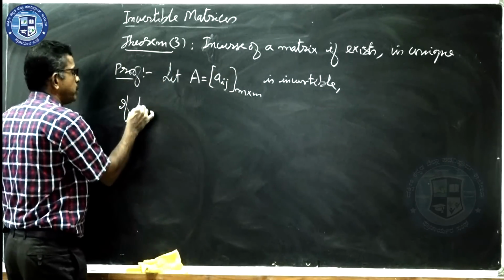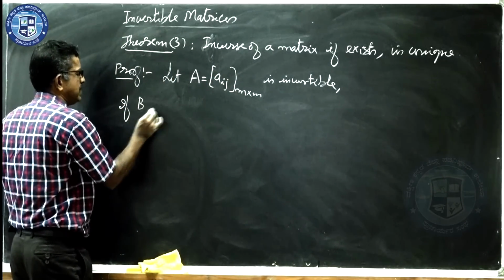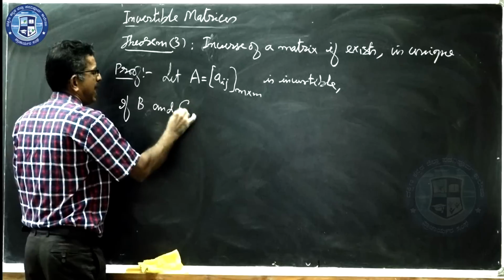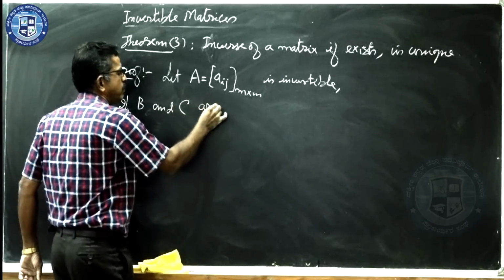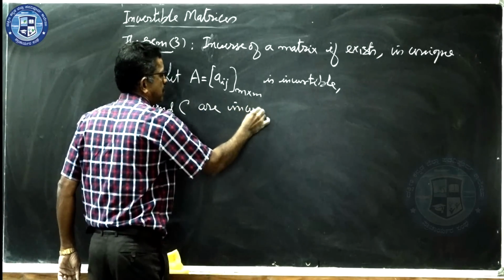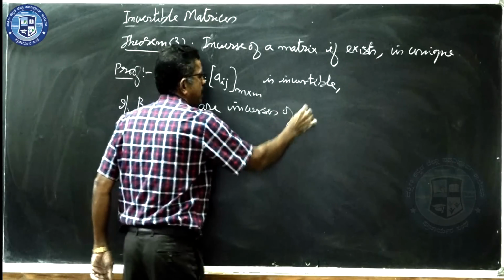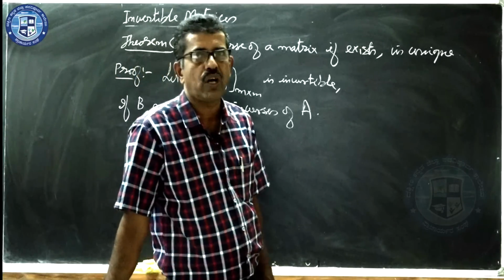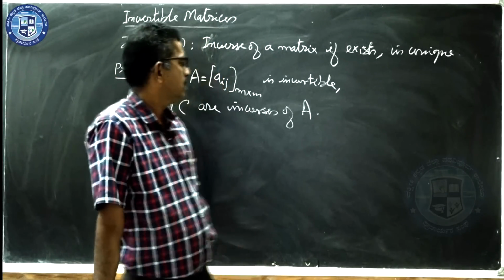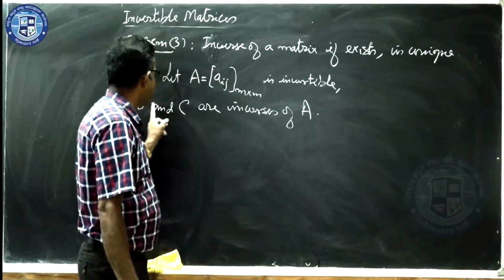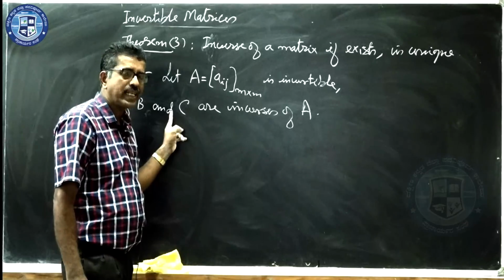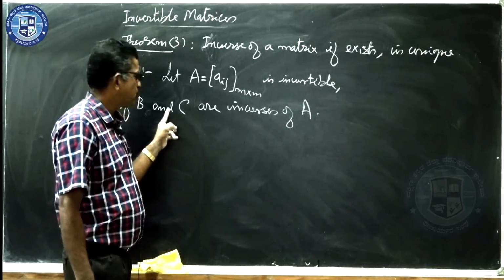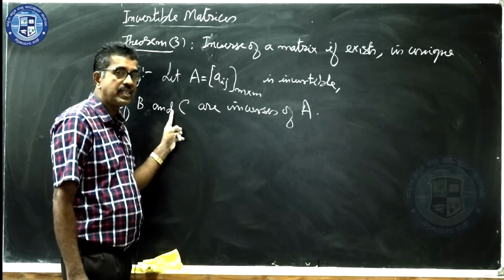Suppose B and C are the multiplicative inverses of A. In order to prove that the inverse is unique, what has to be proved here? We need to prove that both B and C are equal.